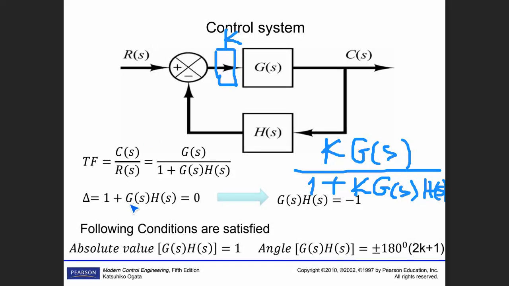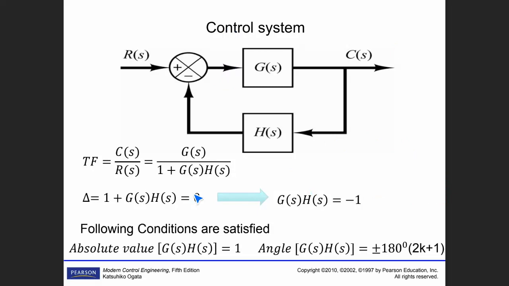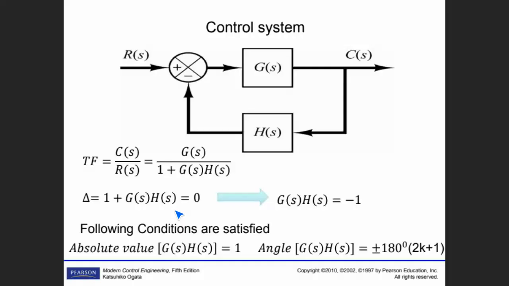So if you look at delta, I am erasing this now. It has no meaning for now. So assume there is no K here. This is a general starting point. This is your transfer function, and that is your delta, the characteristic equation.